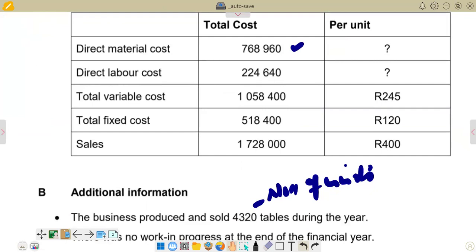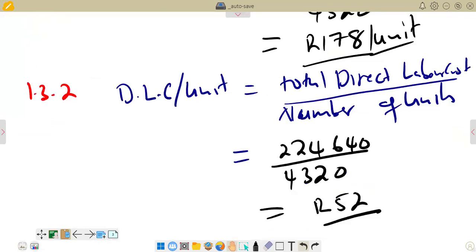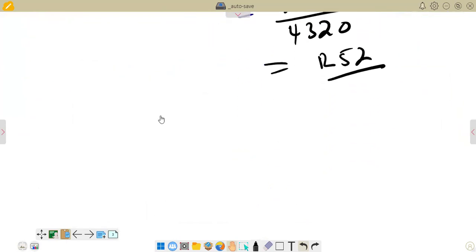So we go to our answer section. We are now on 1.3.3.